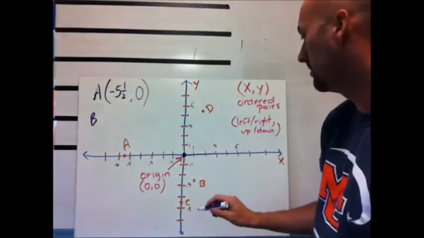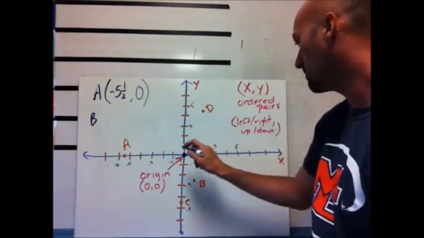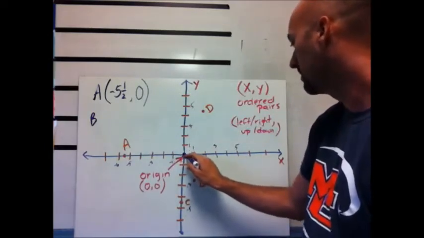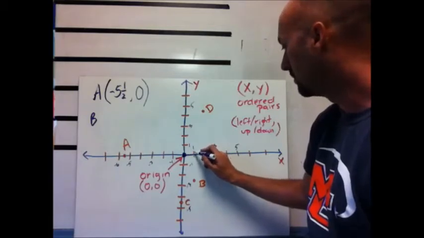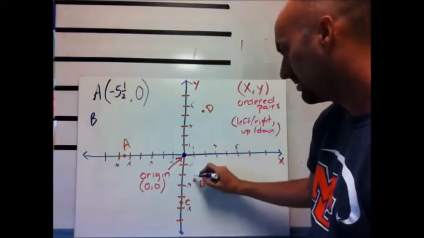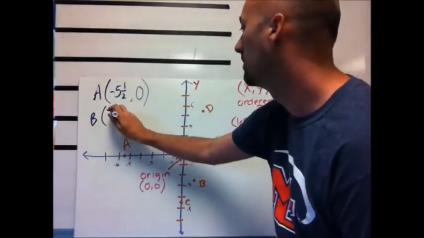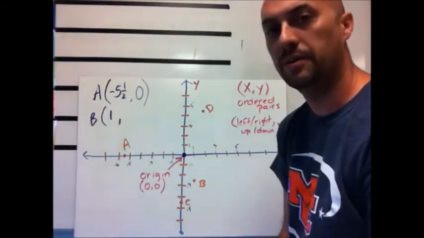Point B. So x first, left, right. Start at the origin, and for B, I'm going to have to go to the right. And in this case, I go to 1. That's lined up there. So that tells me that 1 is my x value.